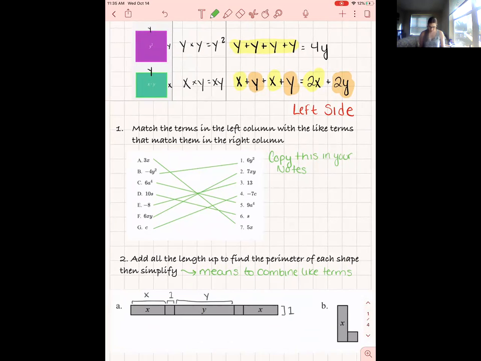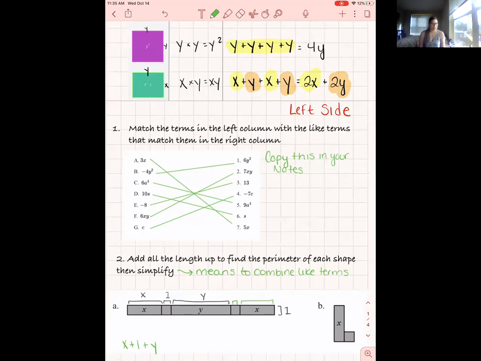I would write it out as a sentence, so I would start mine with x plus 1 plus y, and keep going for each section. And remember, you need to do the top, the side, the bottom, and the other side. And you're going to do that for A and B, and then we will go over it. So I'll pause it here for you to be able to have some time to copy and write it down.